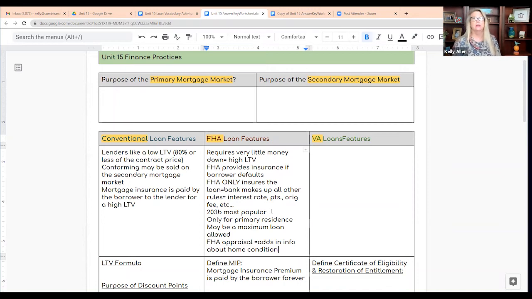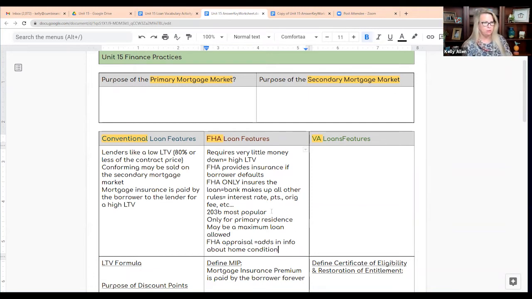It has to meet certain minimum construction standards. And if the property has some flaws in terms of the FHA appraiser, those will have to be fixed before the FHA will insure the loan. And oftentimes, guess who's going to end up fixing that stuff? The seller, more than likely. Not always, but more than likely.